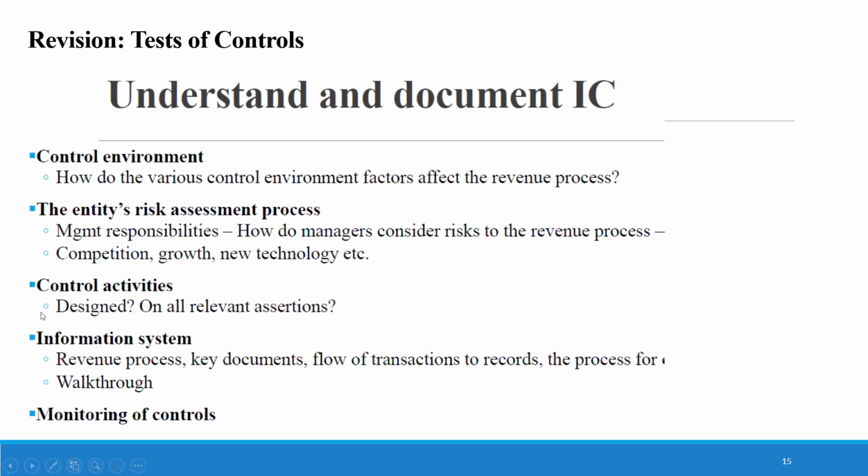How do they design them? And also we consider, in terms of the control, what are the assertions? Which assertions might be more important in the control of the sales cycle? We also look at the reliability of the information system, including the control system, the monitoring and the control process.